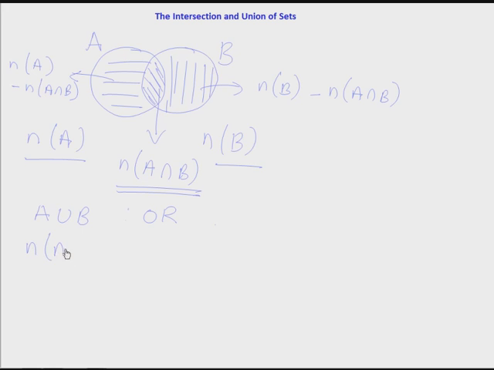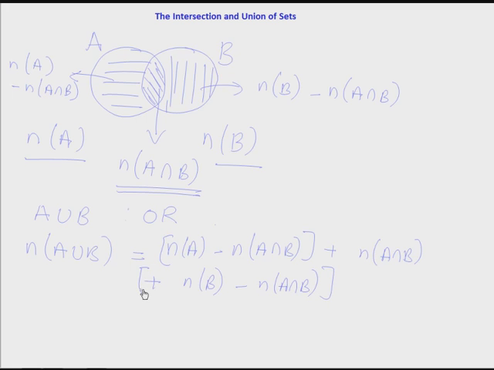So the number of elements in A union B is N(A) minus N(A intersection B), plus N(A intersection B), plus N(B) minus N(A intersection B), which works out to N(A) plus N(B) minus N(A intersection B).